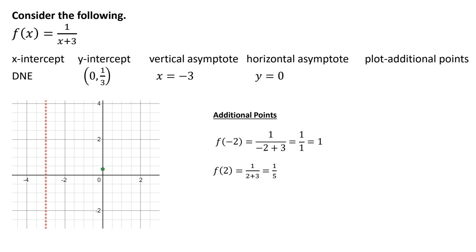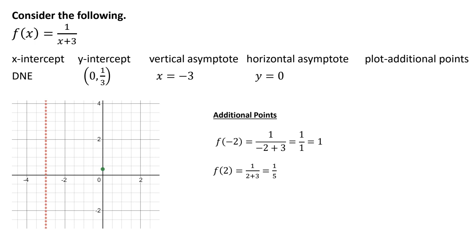When I plug in -2 for x, my y value is 1. And then I also picked the value 2, the +2. Somewhere over here next to my y-intercept from 0, I picked 2. When I plugged in 2 to my function, I get my y value of 1/5.